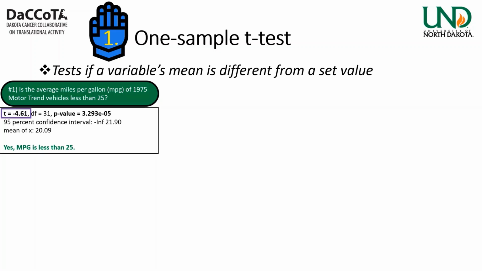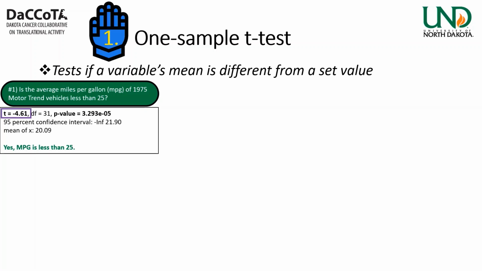First, we have our test statistic in the form of a t-value. It's important to note that test statistics can really all be boiled down to a signal to noise ratio. Our signal is if something significant is going on, and the noise is the variability that gets in the way of obscuring that.